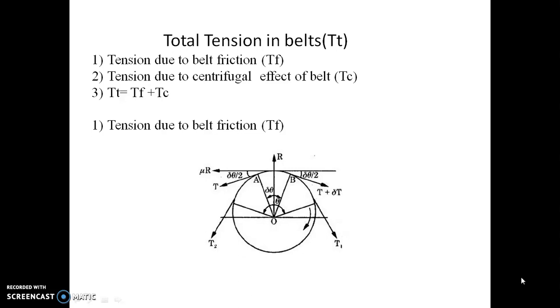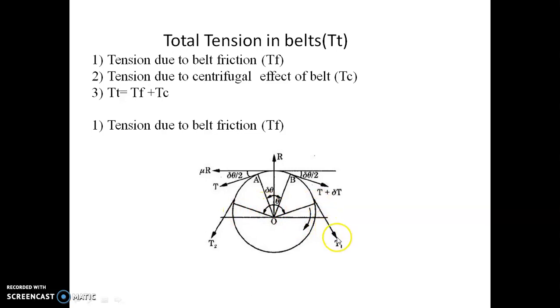Now consider the smaller pulley and belt as shown in figure. The belt leaves the pulley at 2 points and has an angle theta.